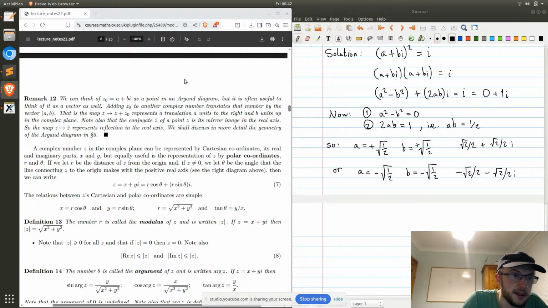That is, the map sending z to z plus z0 represents a translation, a units to the right and b units up in the complex plane. Note also that the conjugate z bar of a point z is its mirror image in the real axis. Okay, that makes sense because the conjugate of a plus bi is a minus bi, and so gets reflected like this.